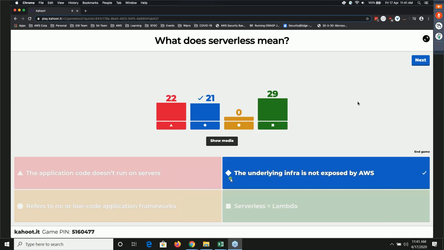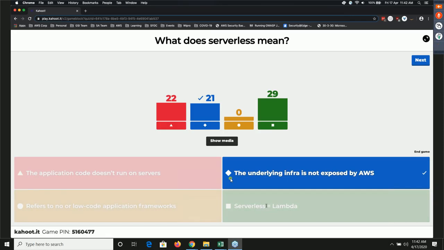Okay, only 72 answers. Let's see what we get. We have 22 people who said application doesn't run on servers. That is not true. Like I mentioned in the first part of my presentation, everything ultimately does run on servers, so that's not the case. Luckily, nobody selected low-code frameworks. Really happy about that.